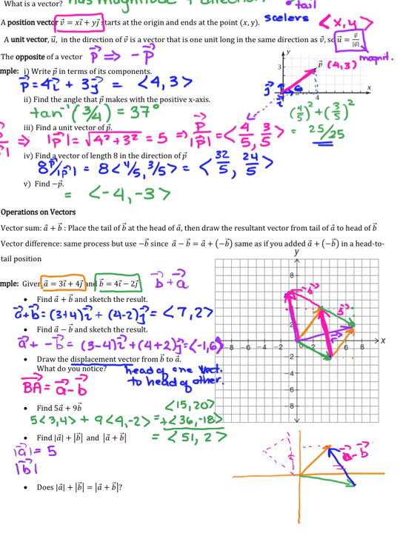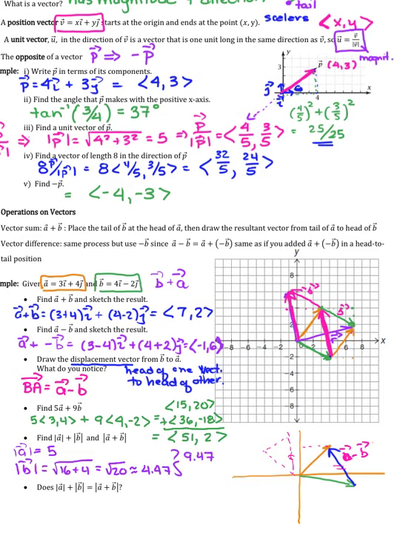The magnitude of B is going to be the square root of 16 plus 4, square root of 20. Adding those two together, this is about 4.47. So that would give me about 9.47.